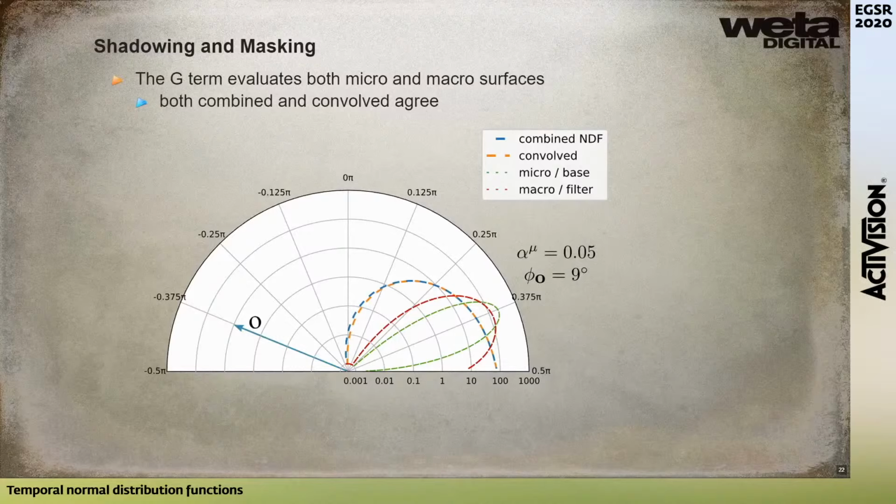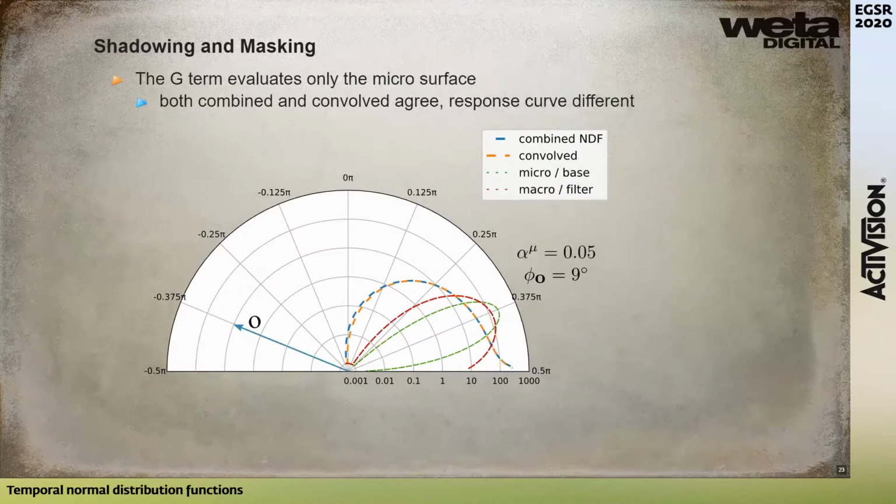This is the case where the G term evaluates both macro and micro, whose singular curves differ, but both combined and convolved versions align well. Here instead we tested the G term only on the micro. This is in fact needed to assure that our assumption for the temporal domain does not break under this approximation.